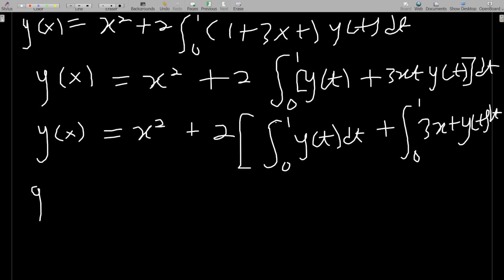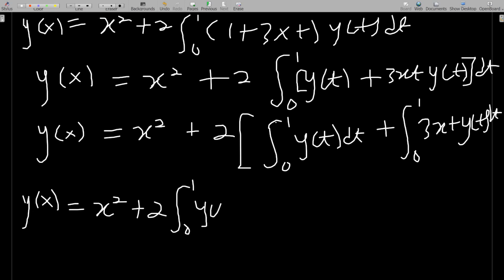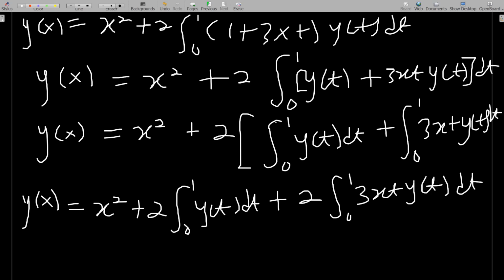If I multiply 2 throughout, I get y of x equal to x squared plus 2 times the integral from 0 to 1 of y of t dt, plus 2 times the integral from 0 to 1 of 3xt y of t dt. So this is what I have.